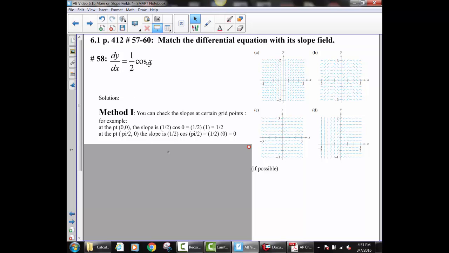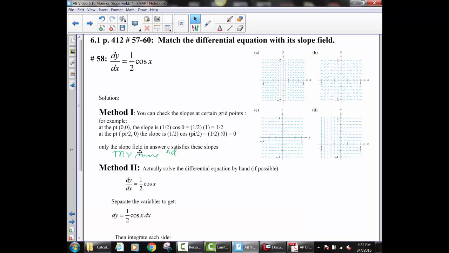If I plug in pi over 2 for my x, cosine of pi over 2 is 0, so I should have a slope of 0 at pi over 2, which is 1.57. And we've already eliminated both of these anyways. Now pi over 2, 1.57, would be about here. I guess this one looks more like a horizontal tangent line. You might have to go further on that one. So the only slope fields that satisfy these slopes are answers C or D, and you could try more.